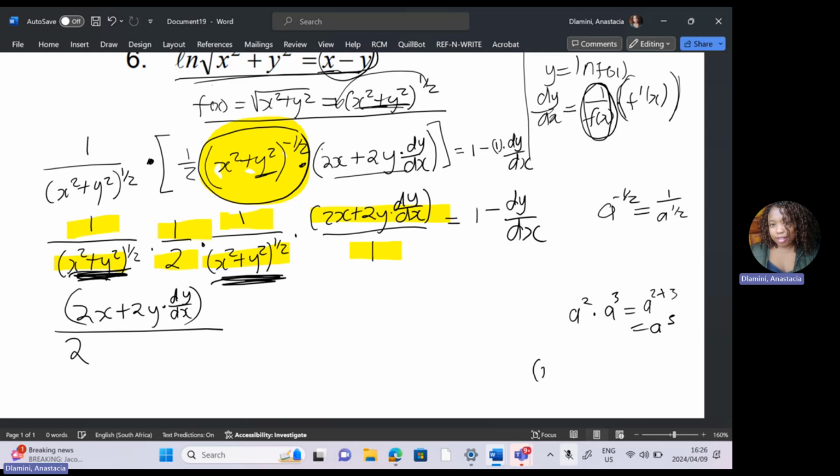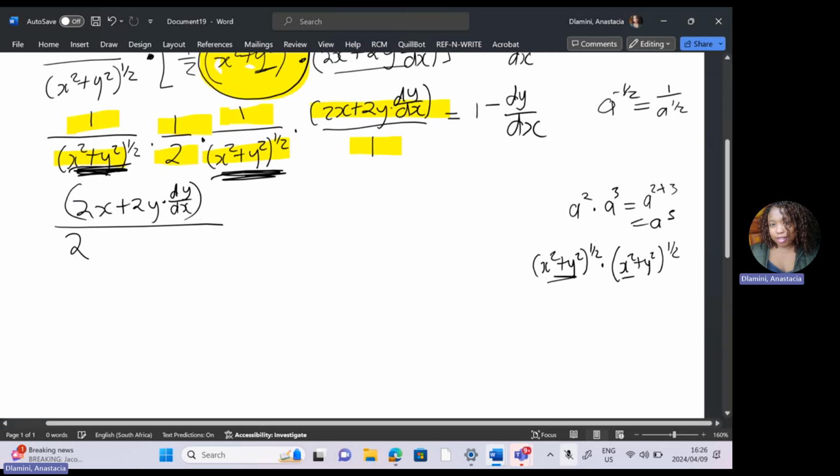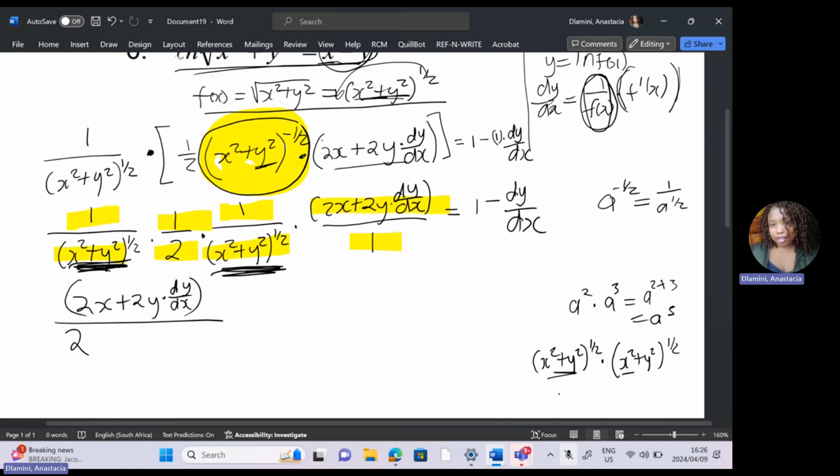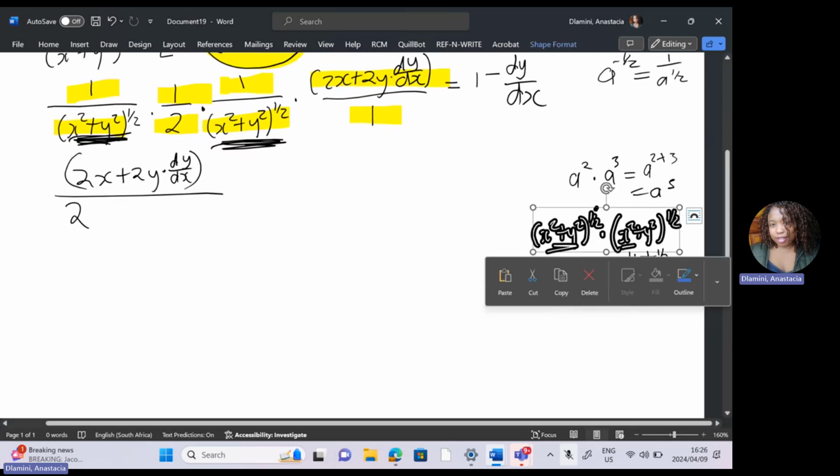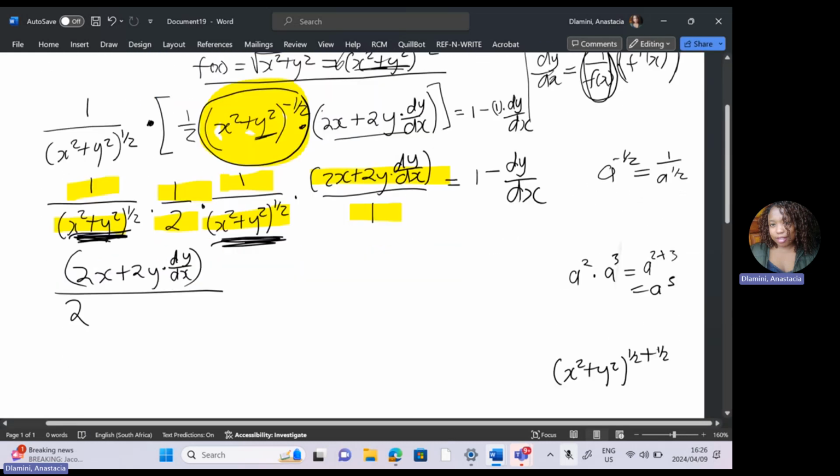So this is x squared plus y squared to the power of a half times x squared plus y squared to the power of a half. Now we have the same bases, so what do we do to the exponents? Because we're multiplying, we add them. So then this is x squared plus y squared to the power of a half plus a half. And we know that a half plus a half is equal to 1.